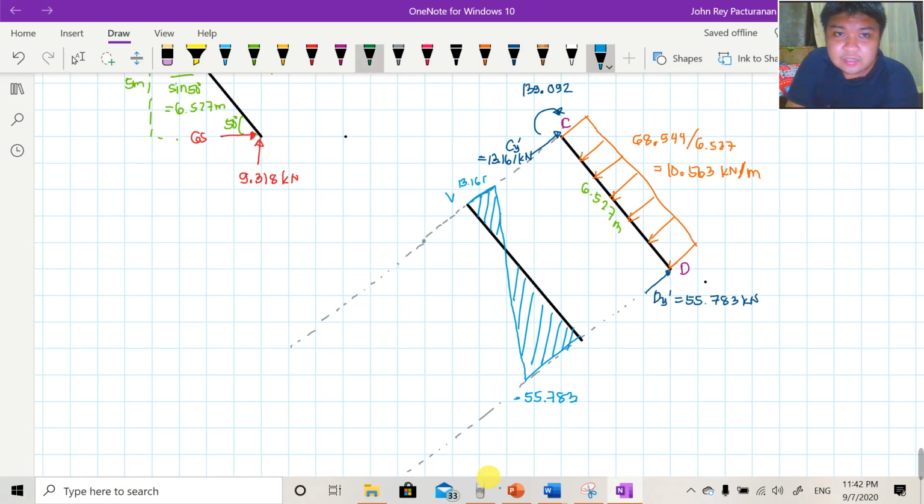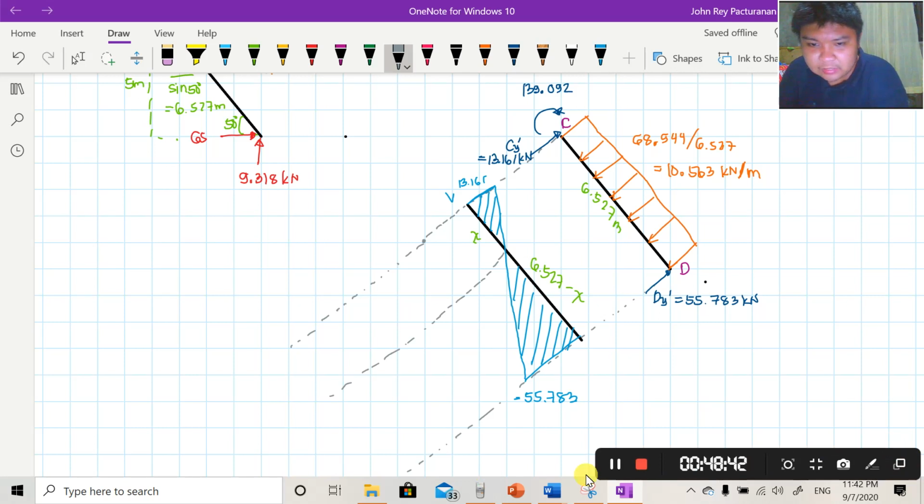So, on the other hand, we need to find the value of x. And dito, 6.527 minus x. Kasi nga, dito nakadepende yung location, class, of the maximum moment. Diba? So, yun naman, recall lang tayo.